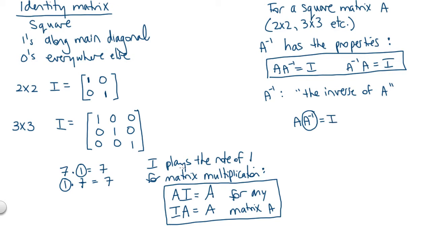And remember, we pointed out before that the identity matrix plays the role of 1 for matrix multiplication. So this sort of reminds us of the idea that if we take a real number, multiply it by its reciprocal, then we're getting 1. In other words, we could say the reciprocal of 7 undoes multiplication by 7.